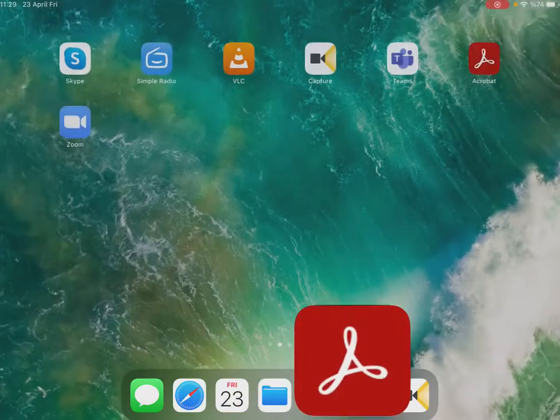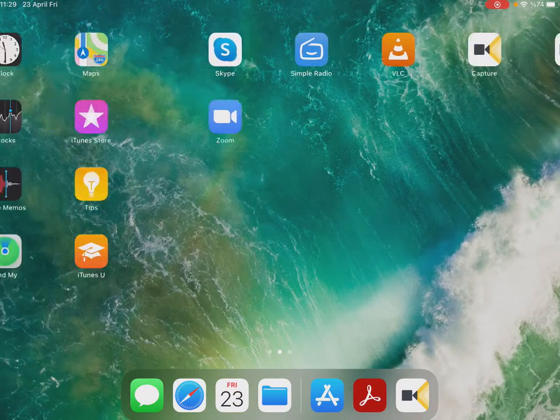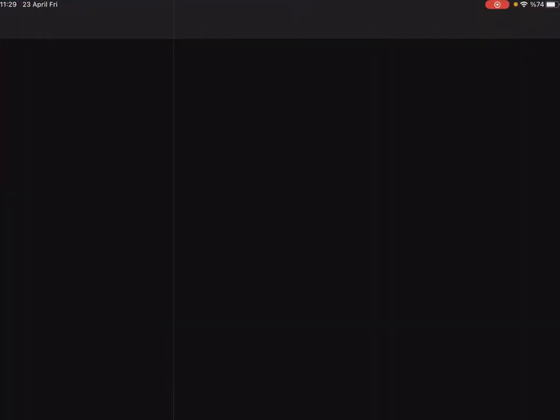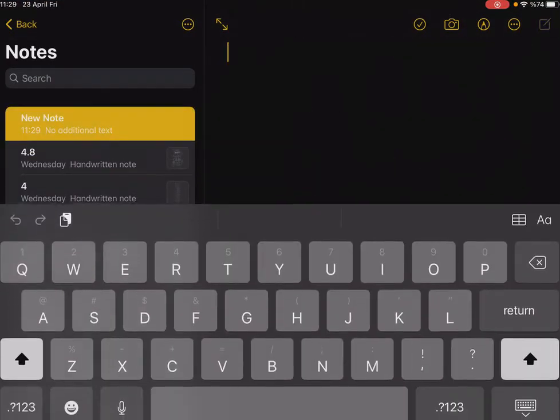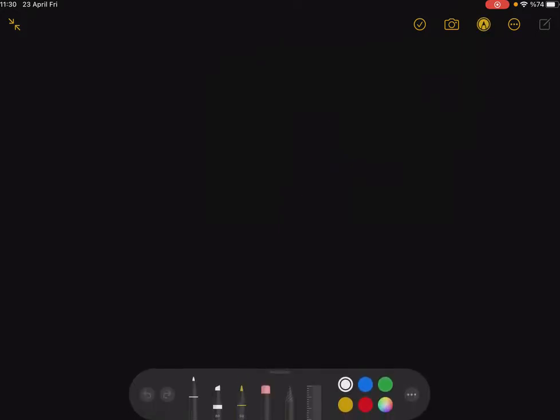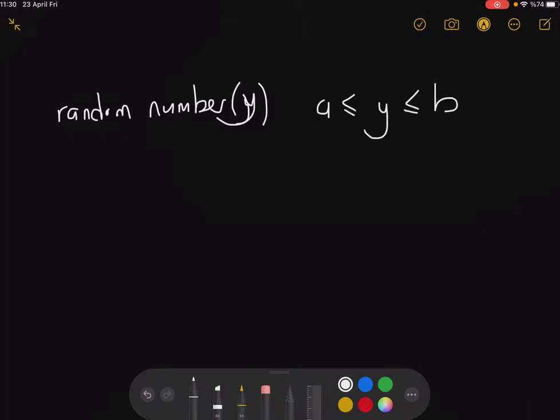Now let's try to explain this. Let's take a look at this together. Suppose that we have a random number y, and suppose that it is between a and b.